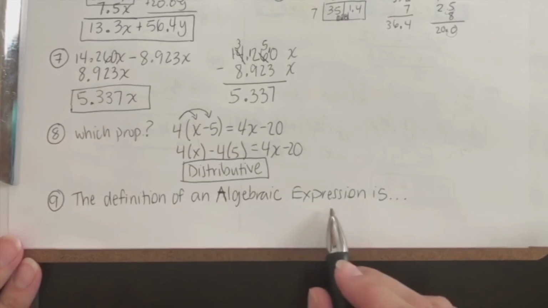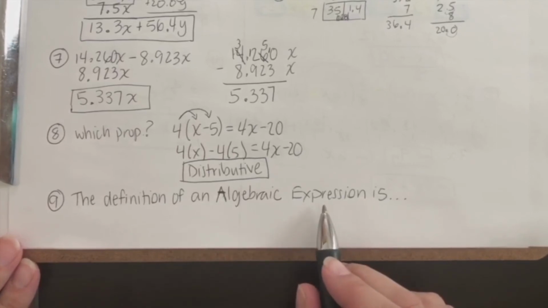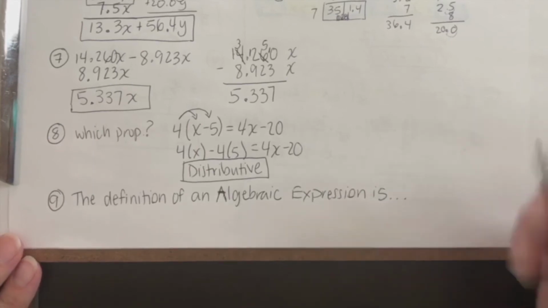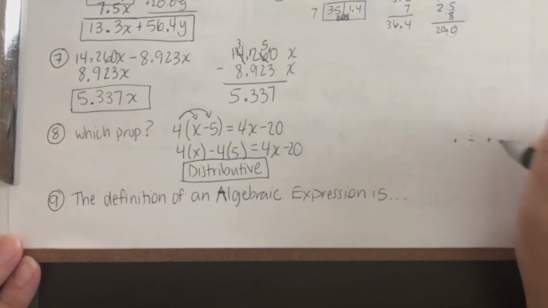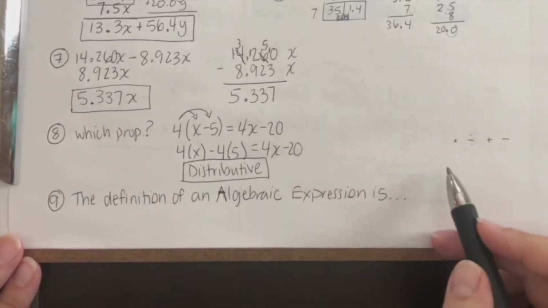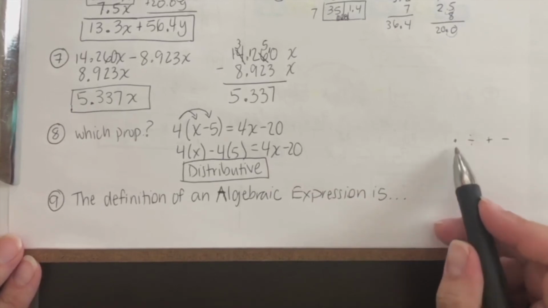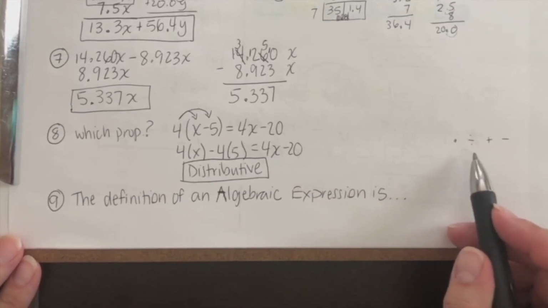What is an algebraic expression? It is a set of numbers and variables that have operators. Operators are multiply, divide, add, subtract, and they are written together without an equal sign.